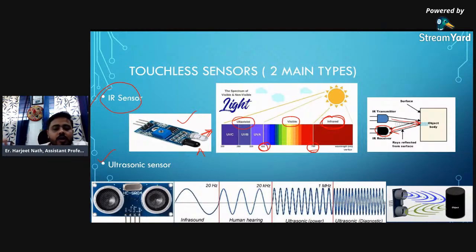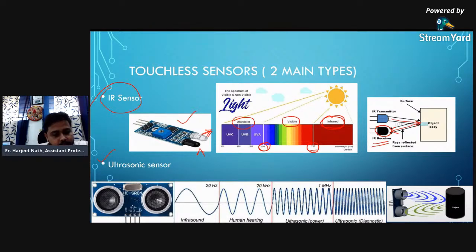So that depends on whether this receiver is receiving the IR light or not. So this is one type of sensor, which is said to be the infrared sensor. We'll go in depth on this sensor in our subsequent slides.